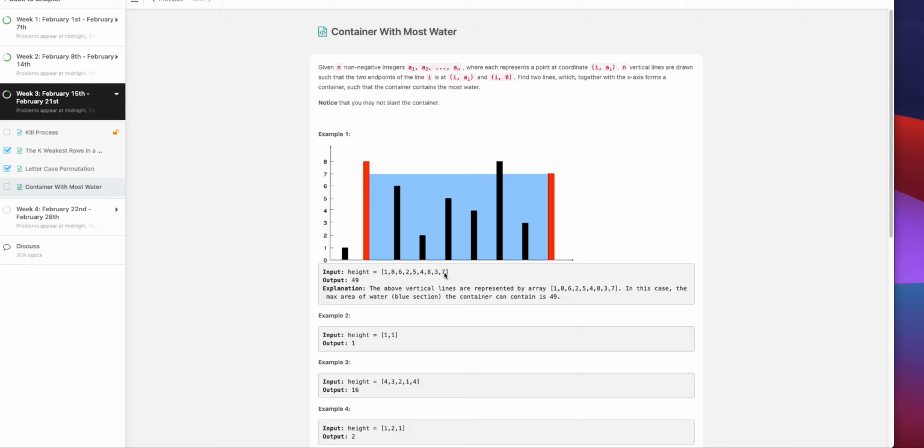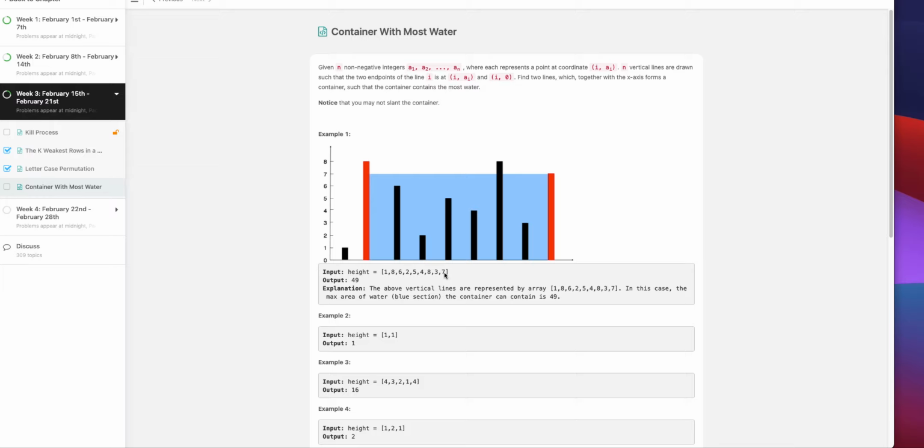So what I'm trying to get at here is, you have this example where at one index you have height 8, and at the 7th index you have height 7. So min of both is 7, and the distance between these two lines is 7. 7 into 7, it's 49, right? When you go to the second index, there are no chances of creating more area with the last line. This line is smaller than 8, which is 6.